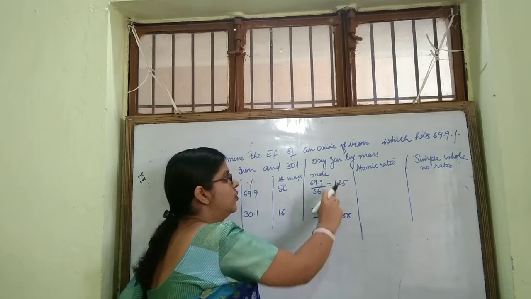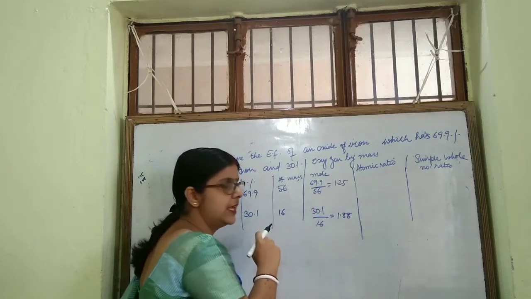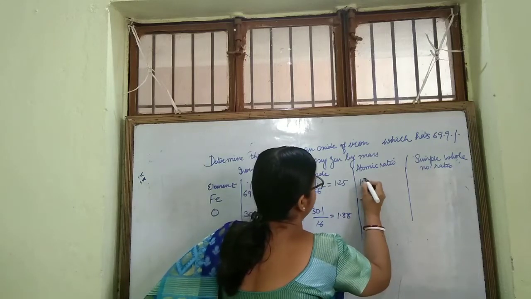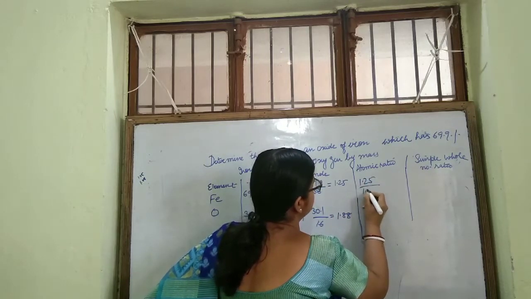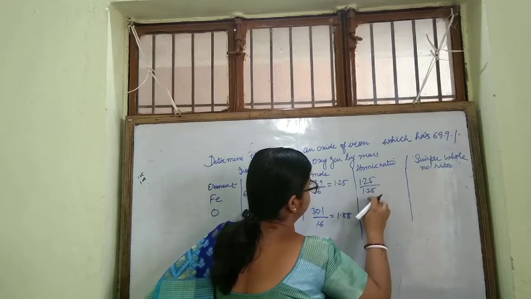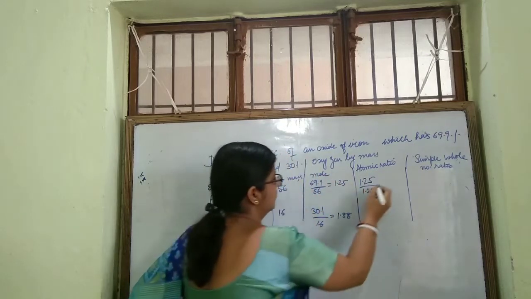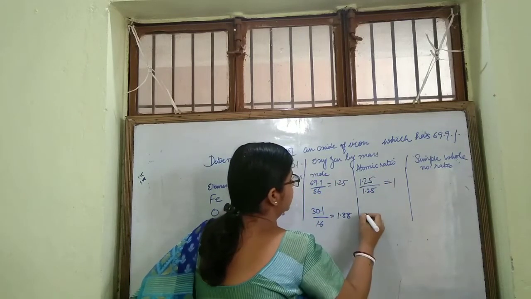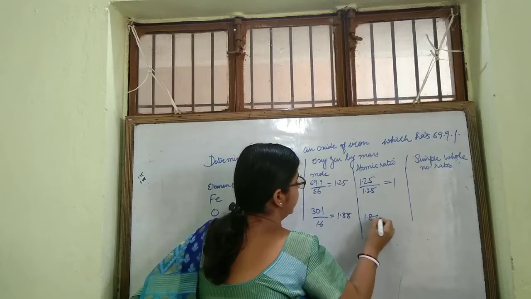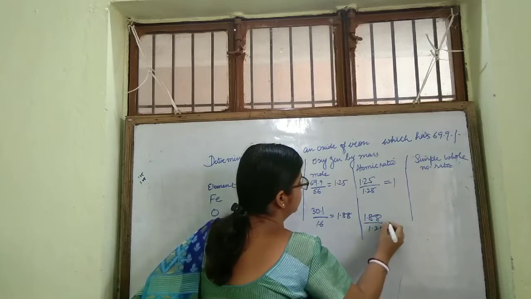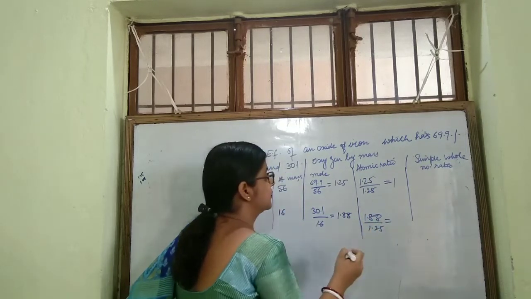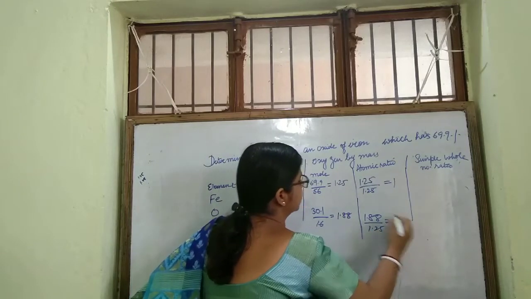Here there are only two, 1.25 is the smallest. So, you will divide this number by 1.25, it will come 1. And here you will divide 1.88 by 1.25, it will come almost 3 by 2.